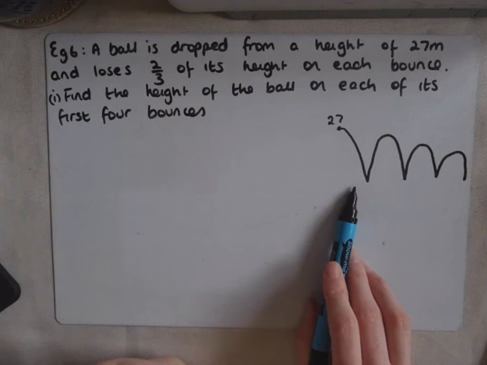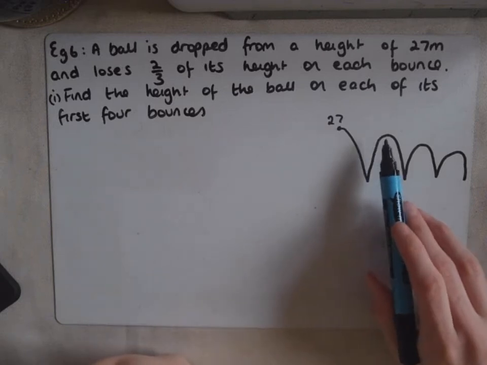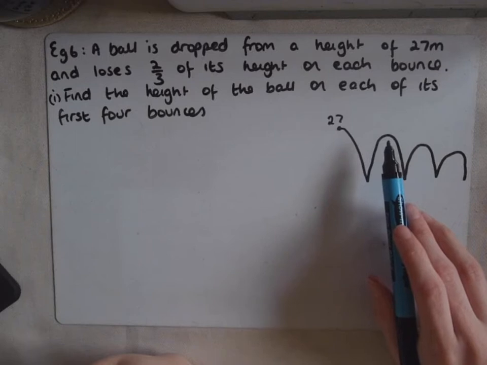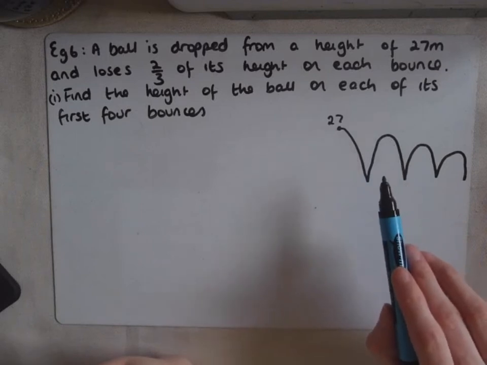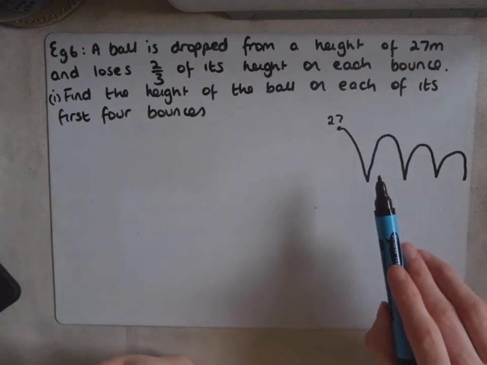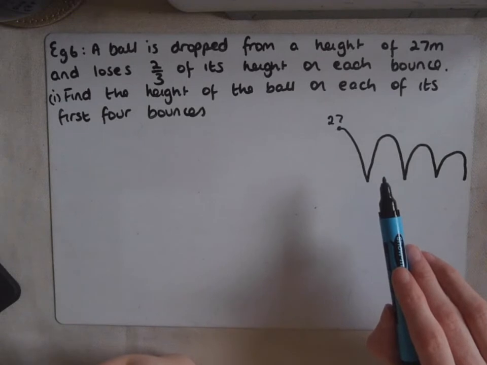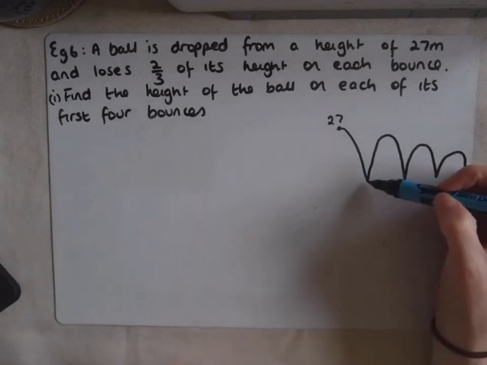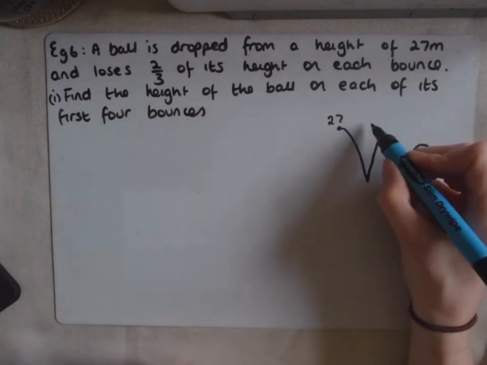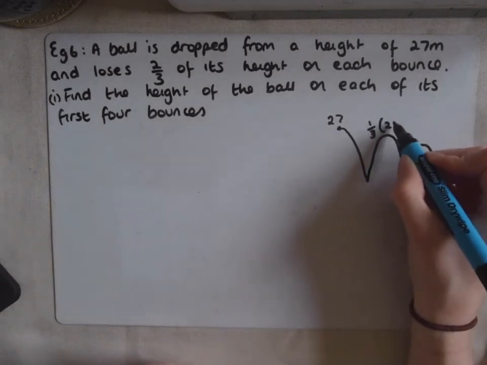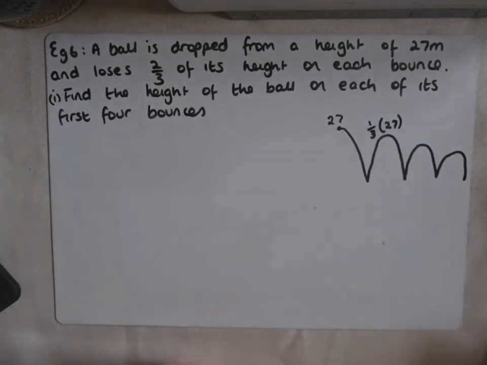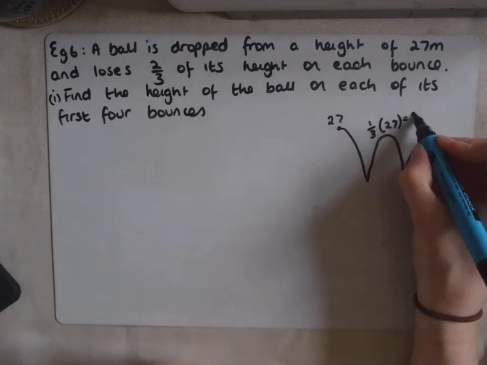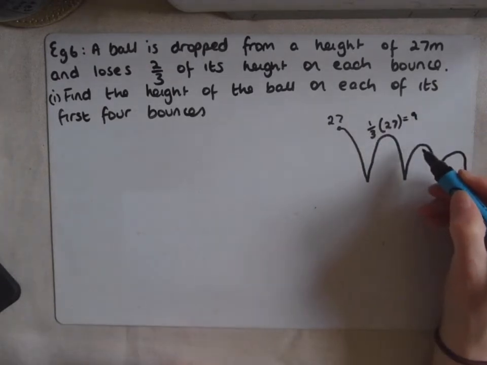So that means how much of its height does it come back up? It loses 2/3. A third, yeah, exactly. So this bounce is a third of 27, which is 9. This bounce then would be a third of 9.